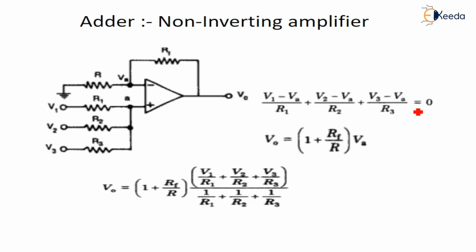The same thing over here: the current flowing through each branch we can say is I1, I2, I3. That is, I1 is equal to V1 minus VA divided by R1, I2 is V2 minus VA divided by R2, and I3 is equal to V3 minus VA divided by R3.